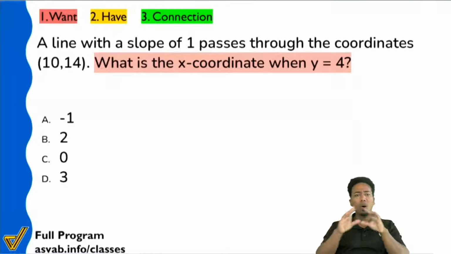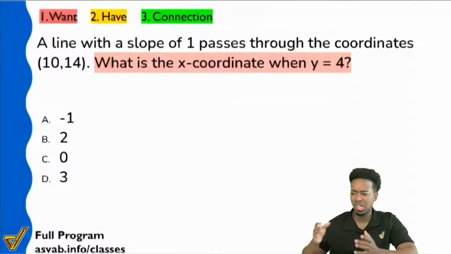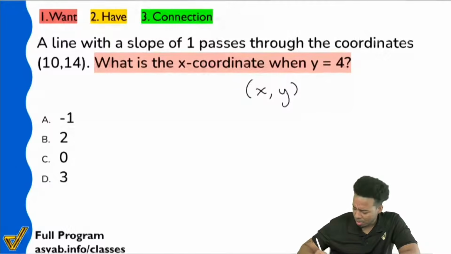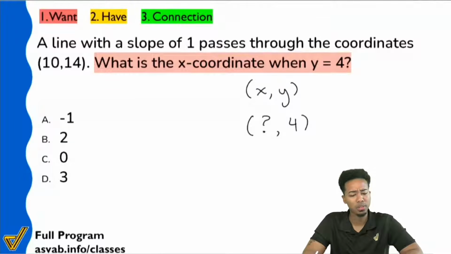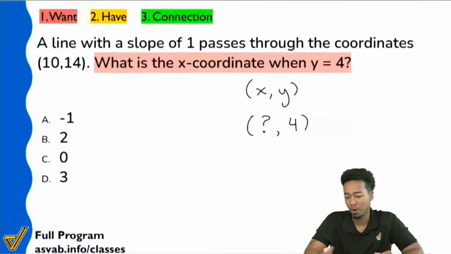So all I gathered from that is, what I'm looking for is, if we're looking at it as x comma y, what this question mark is when you have a 4 for the y. Is that true, everybody? That's what we're looking for there? We're looking for what that question mark is, what the x is when y is 4.